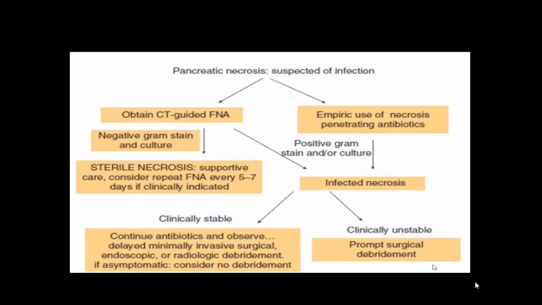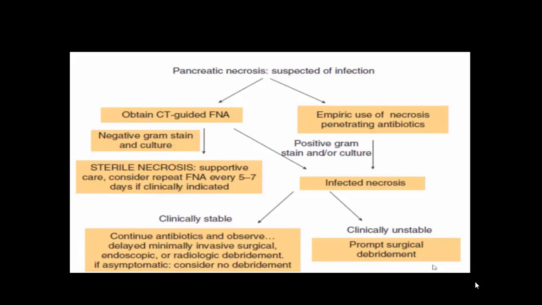So this is the flowchart that shows how to treat pancreatic necrosis. When you are suspecting infected necrosis, then CT guided FNA should be done, and gram stain should be sent. If the gram stain or culture is negative, then consider sterile necrosis. Then you need to continue your supportive care. Consider repeat FNA every 5 to 7 days if clinically indicated.